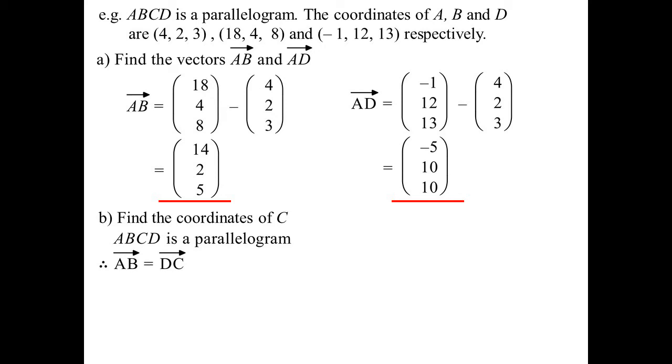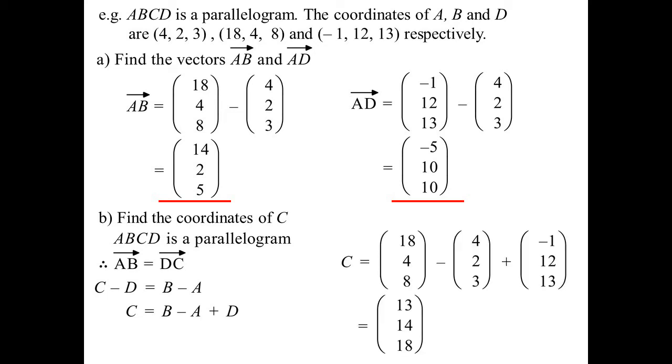So I'm going to say AB is the same vector as DC. So head minus tail must equal head minus tail. Although I've got it the other way around for some reason, it doesn't matter. C minus D would be B minus A. C is the point we're trying to find. So all I've got to do now is substitute into this. C is B minus A plus D. And so I will have for an X value, 18 minus 4 plus minus 1. Then for the Y value, 4 minus 2 plus 12.